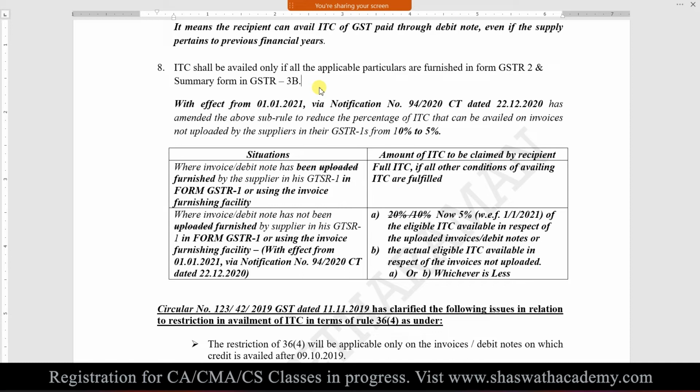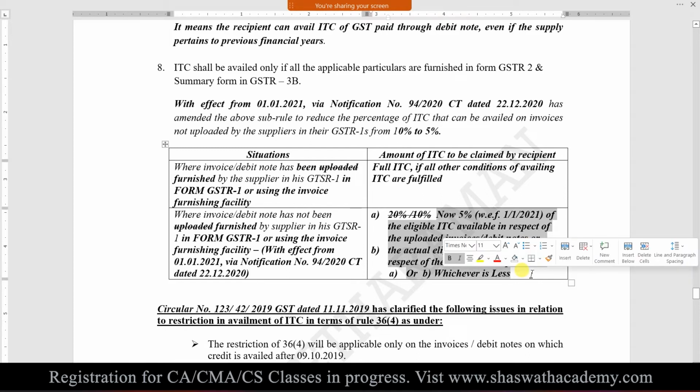But law is kind enough to grant you a relaxation. Law says, even if ITC is not there, I am going to allow you the credit to the extent of 5% of ITC reflected for the period, or the actual ITC not reflecting, whichever is less.